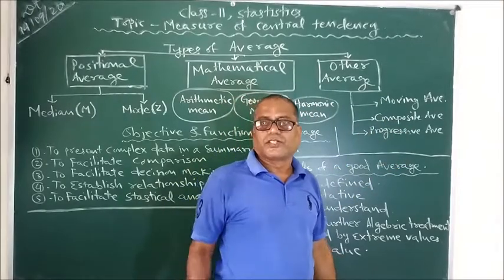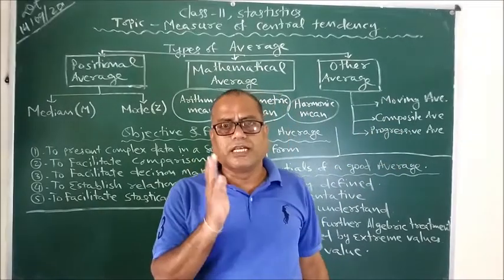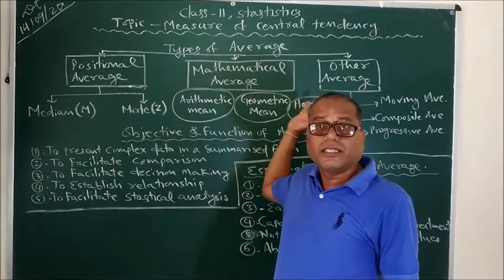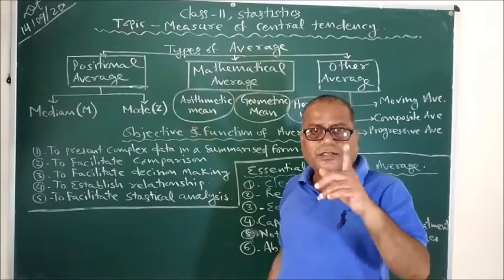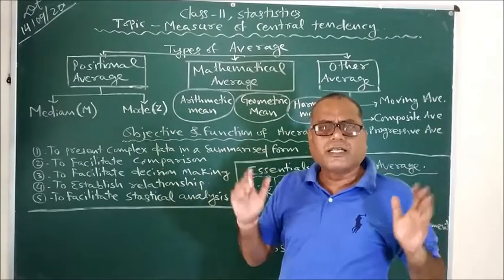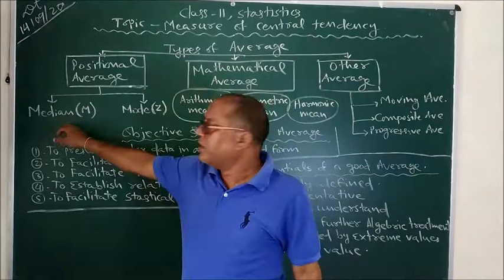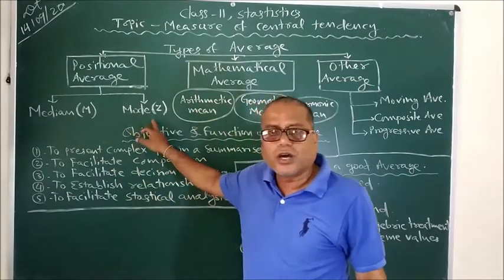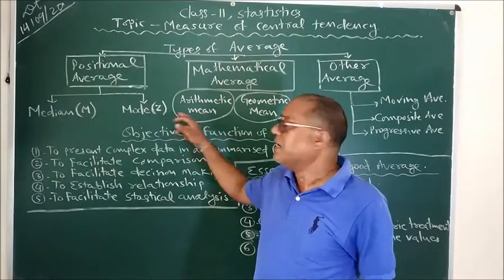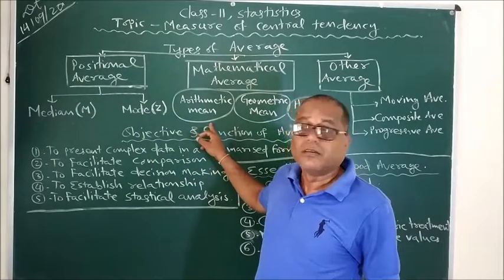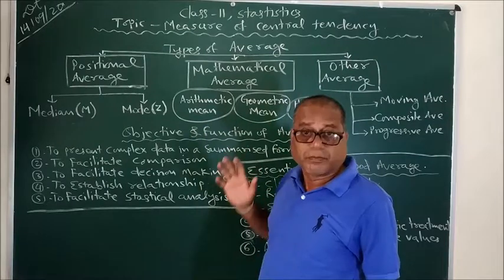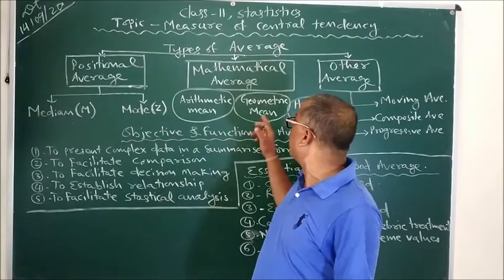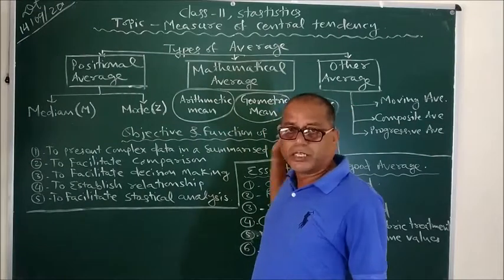But the syllabus of class 11 commerce doesn't contain all these types of averages. Hence, we will limit our discussion only to median, that is how to calculate the median of a series, then mode, and simply arithmetic mean, not even geometric or harmonic mean. However, in mathematics you might be acquainted with geometric mean and harmonic mean.